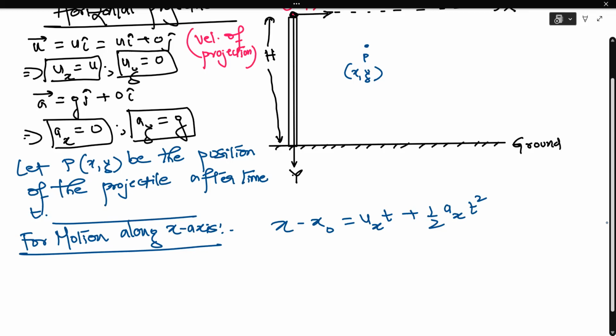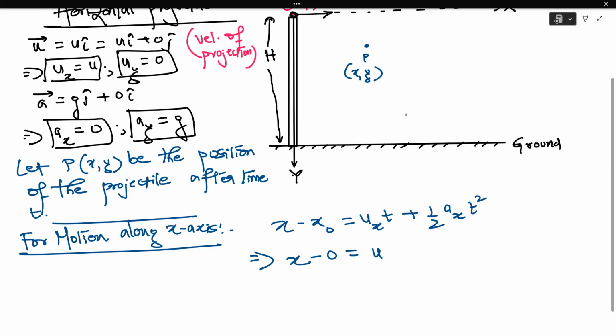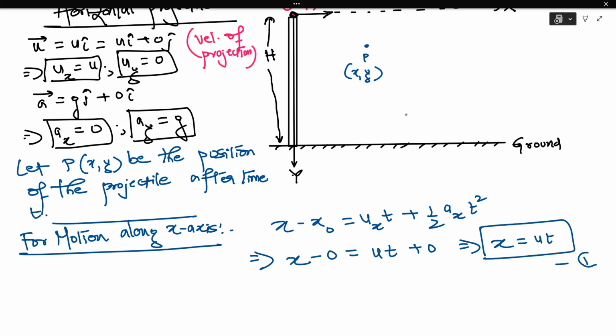Yes or no? So after time t the coordinate is x, and the initial coordinate was 0, since the point of projection has been taken as 0. ux is u, and ax is 0. That means x will be equal to u into t. This is our equation number 1.